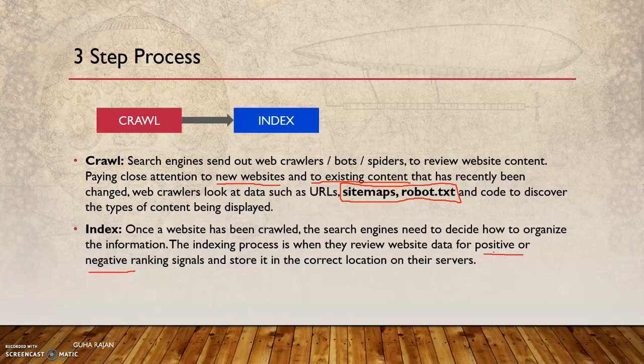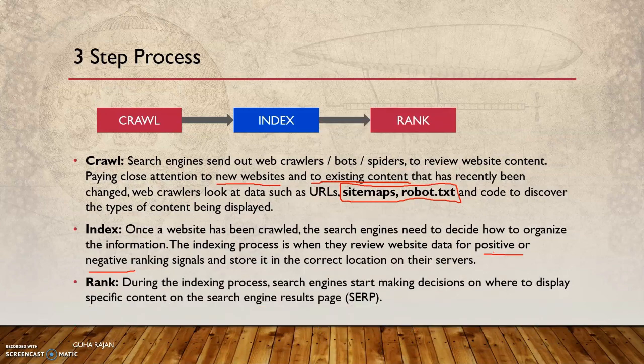That is where, post indexing, you have the rank. So during the indexing process, the search engines start making decisions on where to display the specific content on the search engine result page. This all happens offline as well.